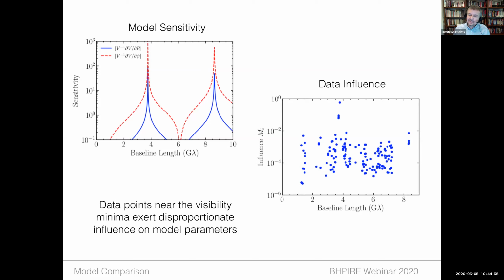These are meant to be approximations to the underlying image. And if the approximation at that location of the minimum is not good enough, the disproportionate influence that that data point will have will bias what I infer afterwards for model parameters.